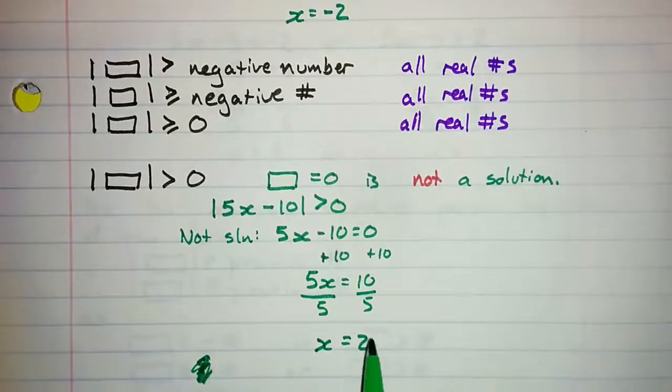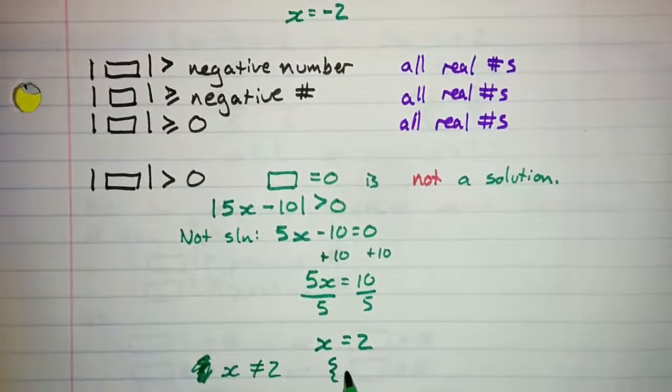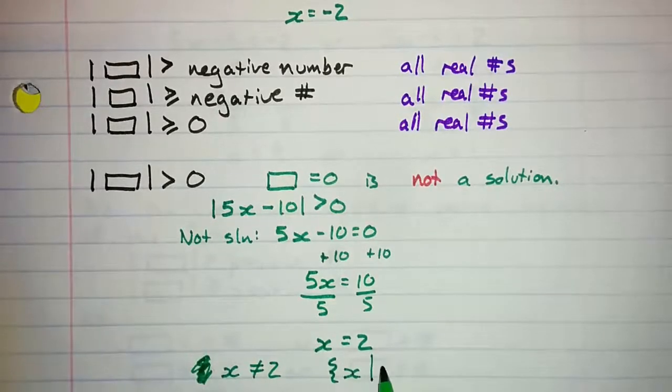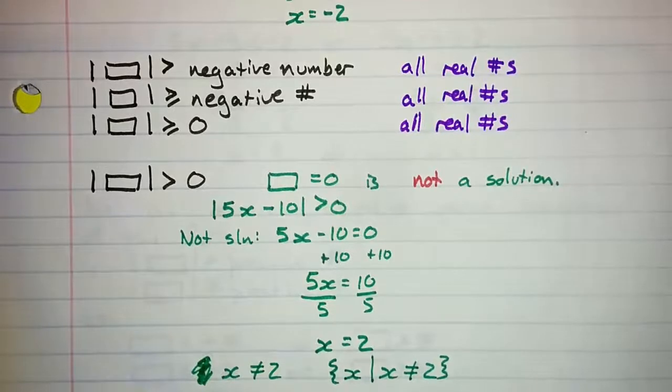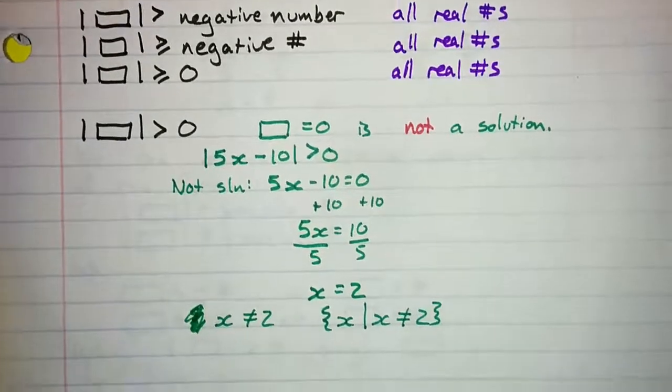If we just wanted to write this with an equation, we would say x is not 2. In set builder notation, we would say all x such that x is not 2. How would we write this in interval notation?